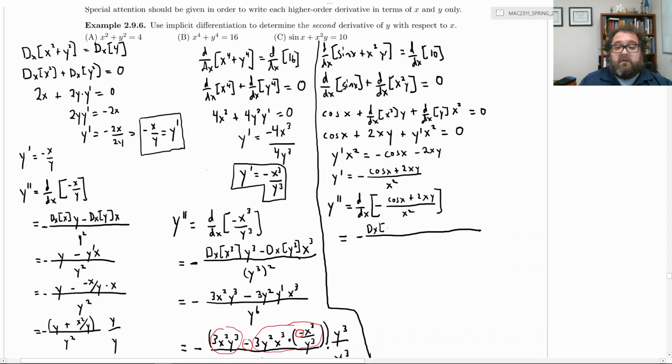So it's the derivative of cosine x plus 2xy times the plain bottom function x squared, minus the derivative of the bottom function with respect to x, so the derivative of x squared, times the plain top function, again needs parentheses here because it's two terms, cosine x plus 2xy, all over the bottom function squared. So x squared, squared.